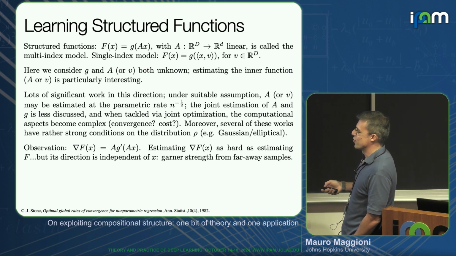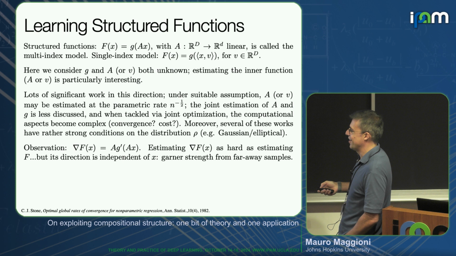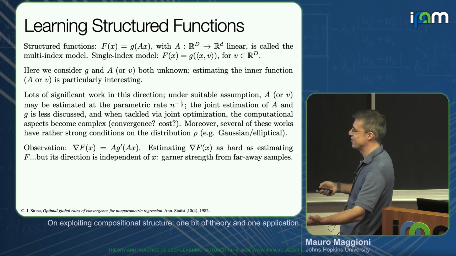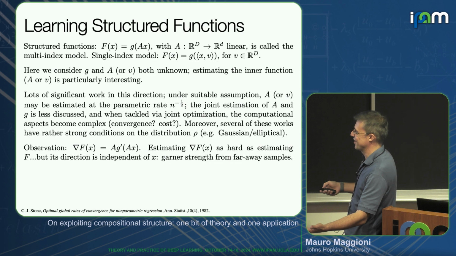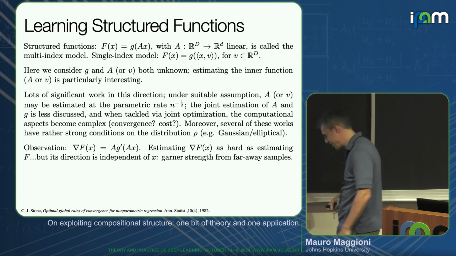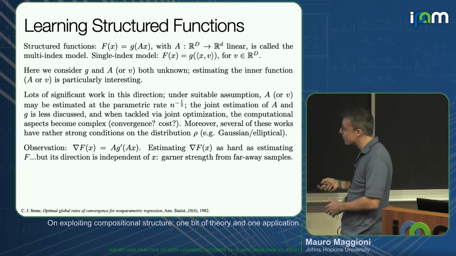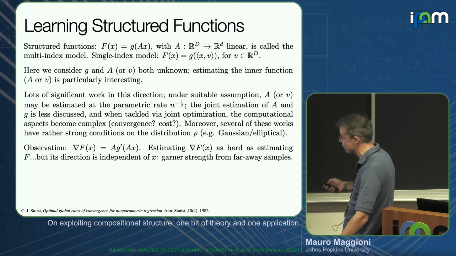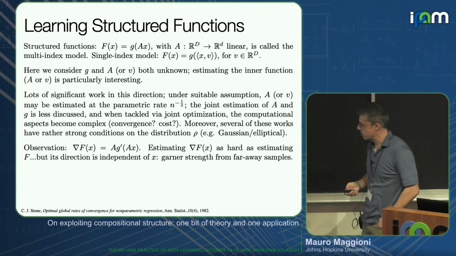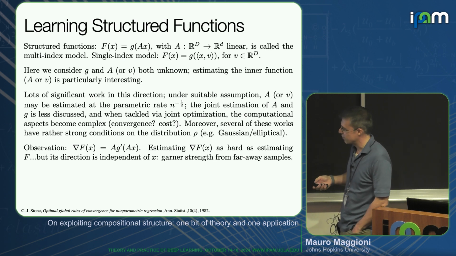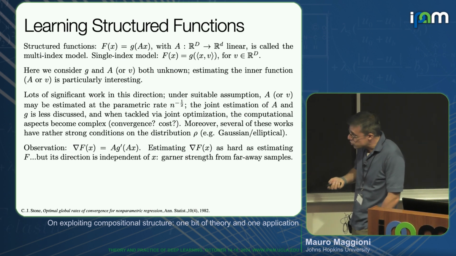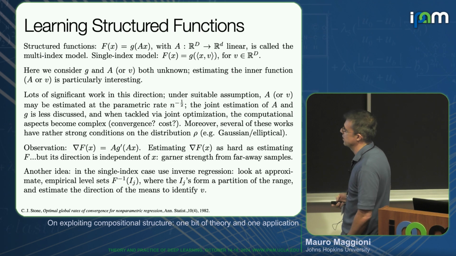And so if you could get noisy estimates of gradient of F at many, many different points, then since the matrix part of the gradient is constant, then you can perhaps denoise those noisy observations of the gradient using all the samples everywhere and get a good estimate of A. So I call that gathering strength from far away samples. And that is the motivation why you might be able to skip the curse of dimensionality.